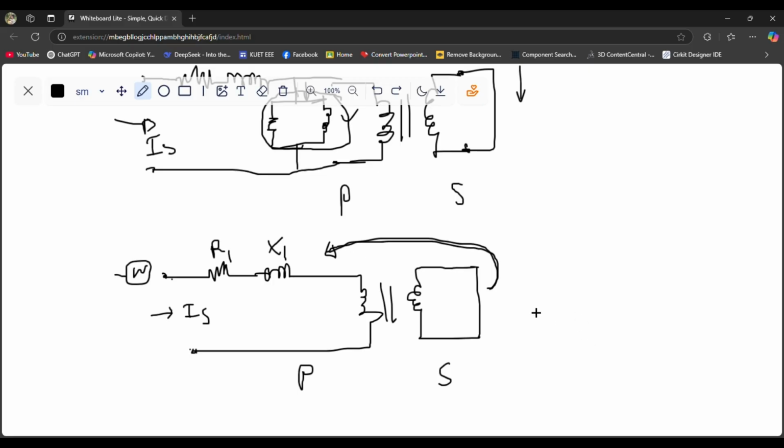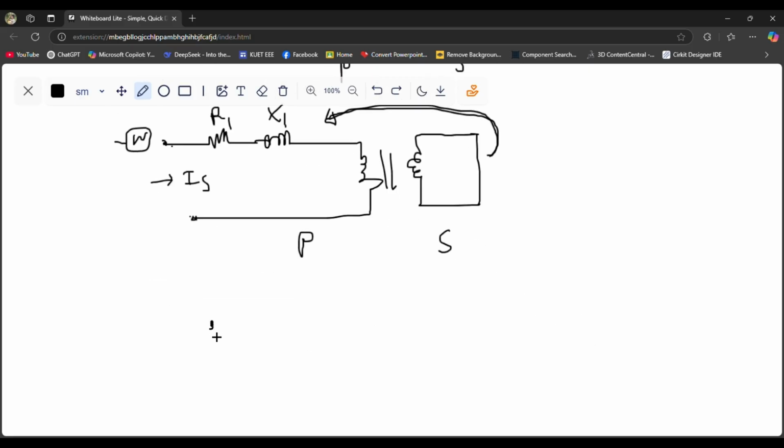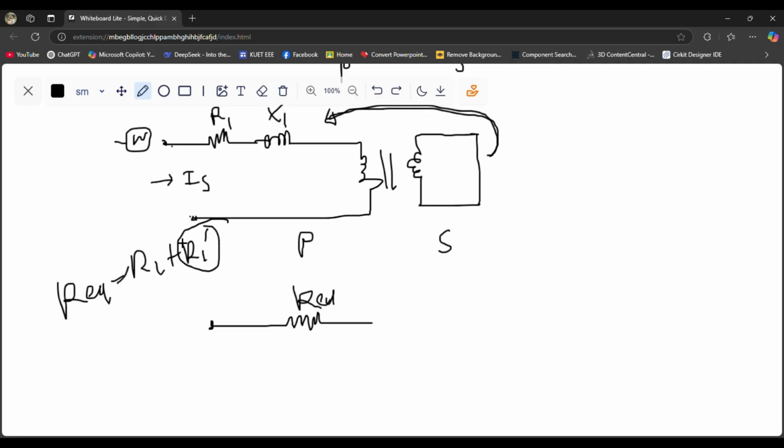After these simplifications we will have the equivalent resistance, let's say Req. What is Req? Req is R1 plus R1 prime. And what is R1 prime? R1 prime is the resistance of the secondary side referred to the primary side.